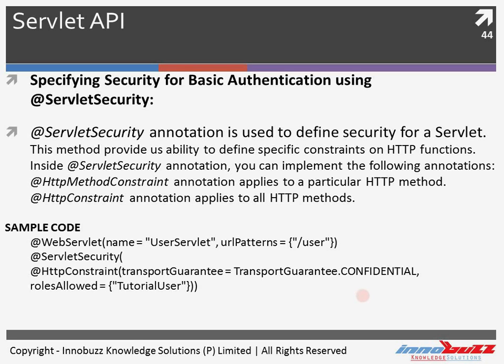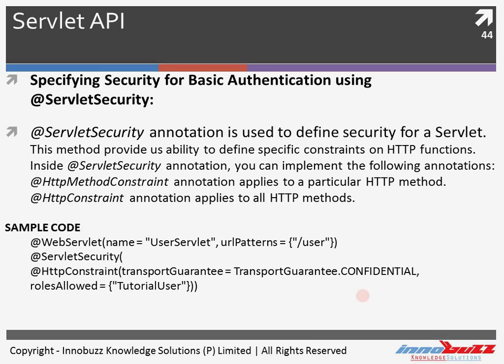First of all, it implements either one mentioned above, HttpMethodConstraint or HttpConstraint. Here in this example, we are seeing HttpConstraint taking the attribute transportGuarantee. What does transport guarantee mean? It defines whether or not SSL or TLS is needed. Based on the protocol itself, if it is confidential, then the connection must satisfy these protection requirements.